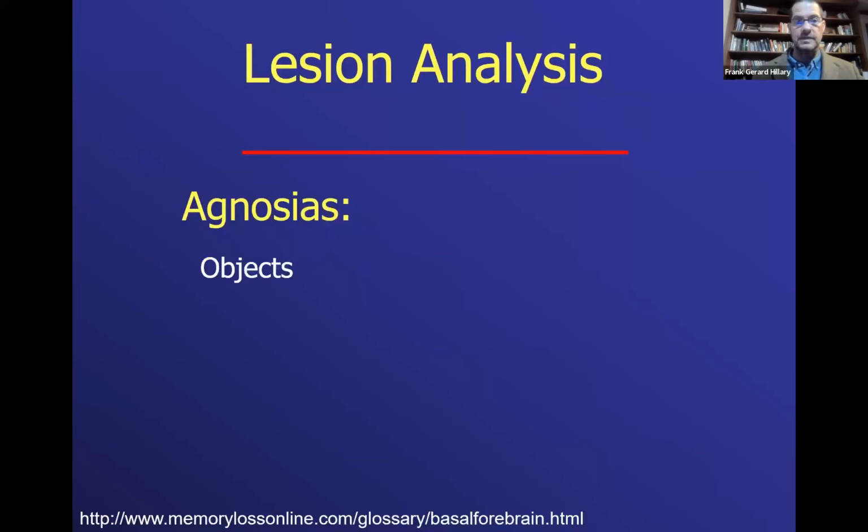And so for agnosias, there are different subtypes. There's object agnosia, difficulty naming an object, and faces, or prosopagnosia. That's the inability to recognize even faces of individuals who are well known. When you think about it, we recognize people's faces very quickly, people that we know, even if we've only met a couple of times.